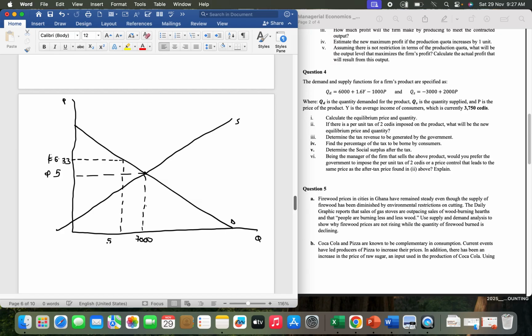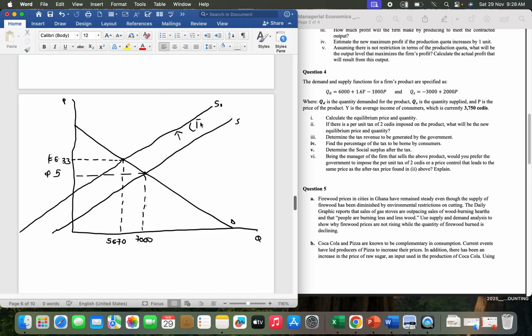Now where they are meeting, you are supposed to have another curve there. Now this is our new supply curve, so I can call it S1. How did we get this particular curve?